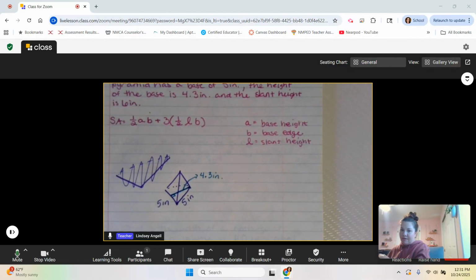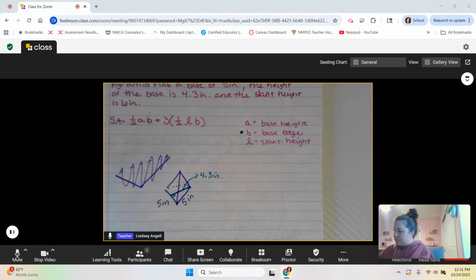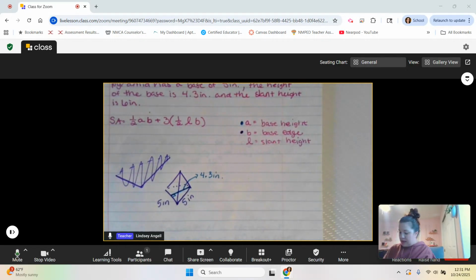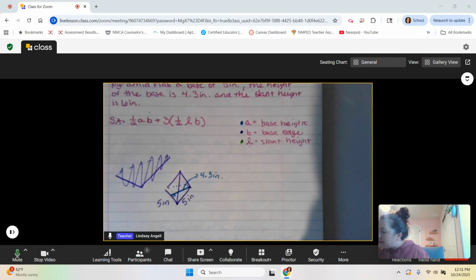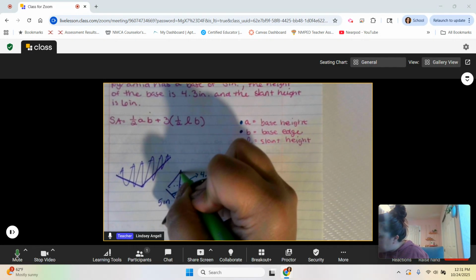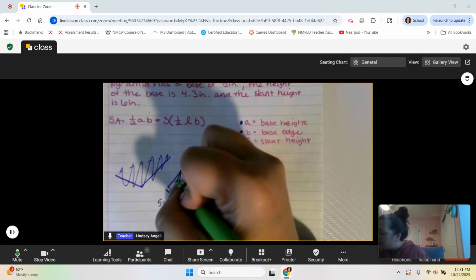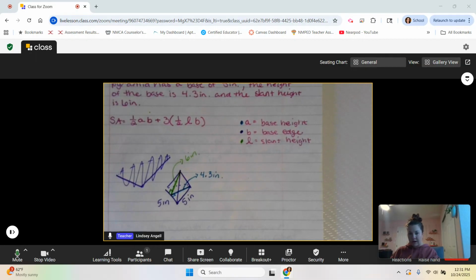This one is turquoise in my drawing, and then my slant height is going to be green, and that was 6 inches. So what that means is from the apex down to the base edge, that's the one that is 6 inches. So there's a little bit of a color code for you.